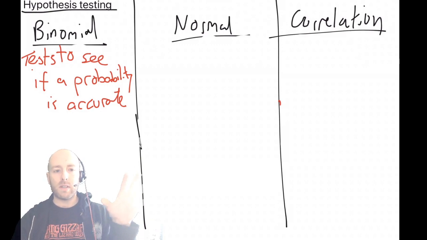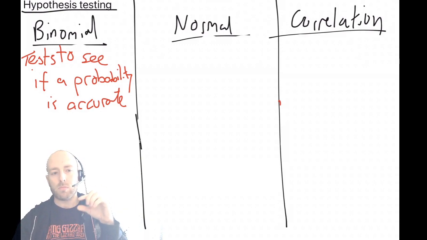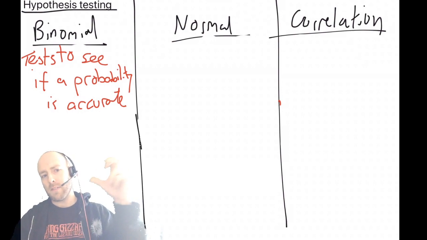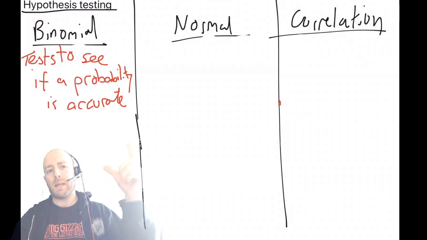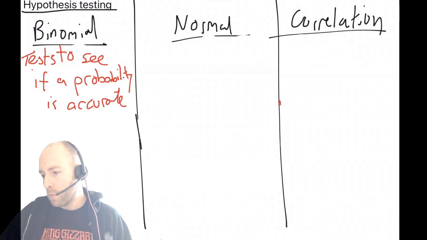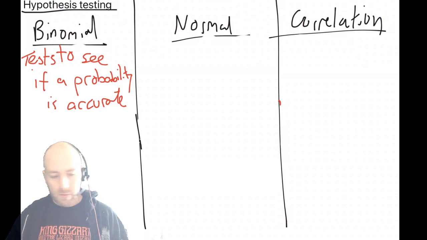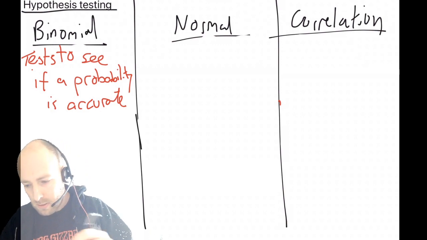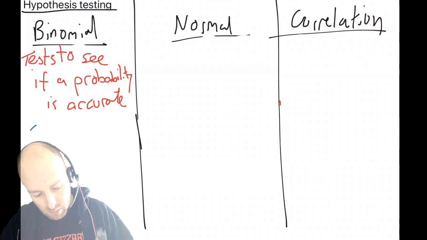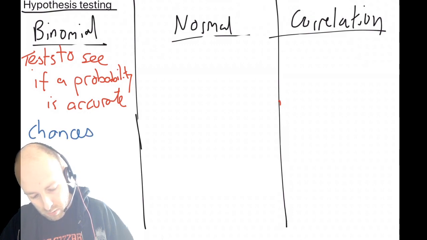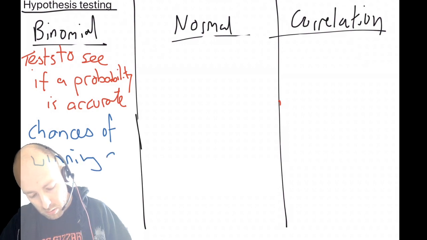So with all these things, we're taking a sample, doing something with the sample, in this case, finding how many wins we get, and seeing if it's likely based on what the overall probability was meant to be. So I'll give some examples of these as well. So for the first one, I've said chances of winning are 0.7.